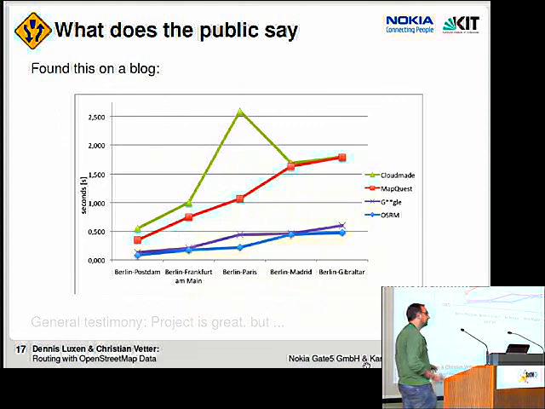All right, what does the public say? What I found on the internet last week was this slide of a user / fellow developer who prepared this. Be careful with it. It's comparing apples and oranges. It's giving the seconds of the query time on this axis and, let's say, a distance here on this axis.